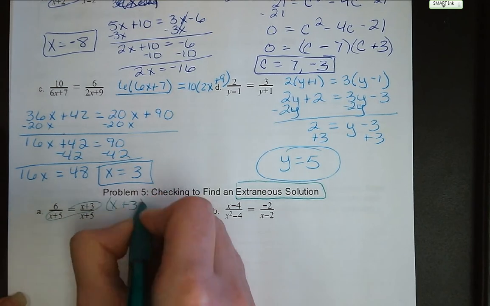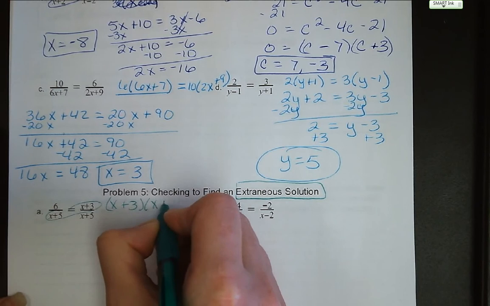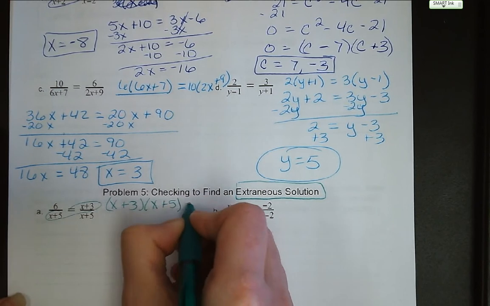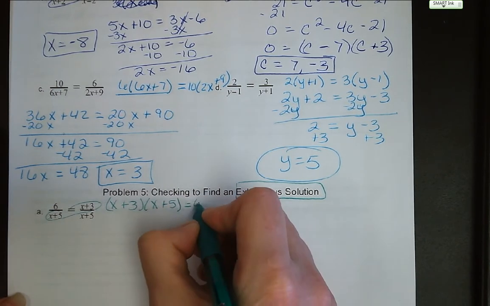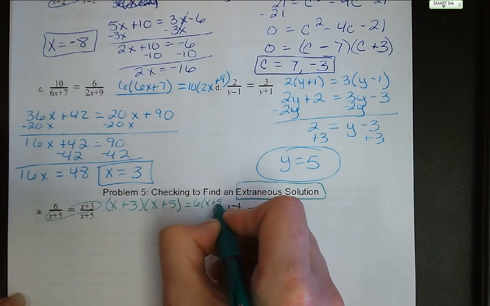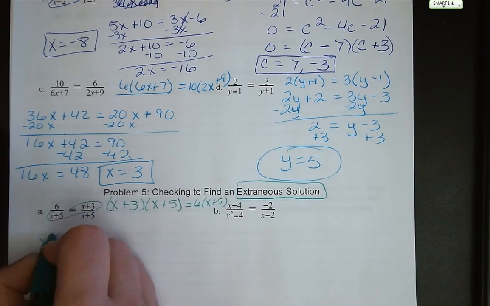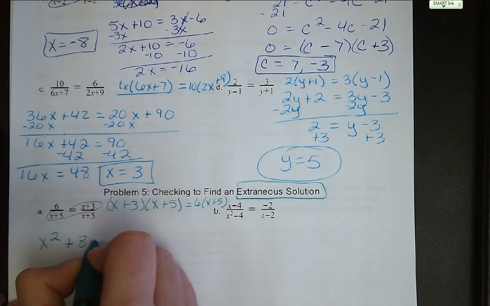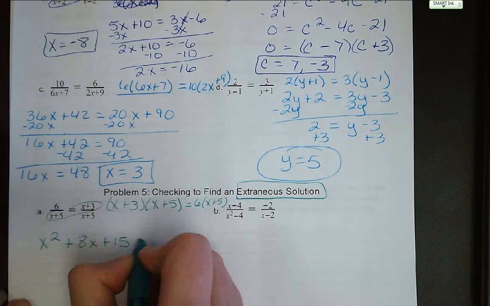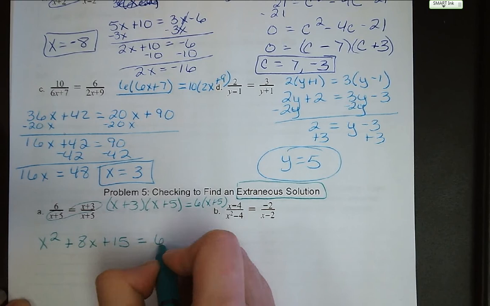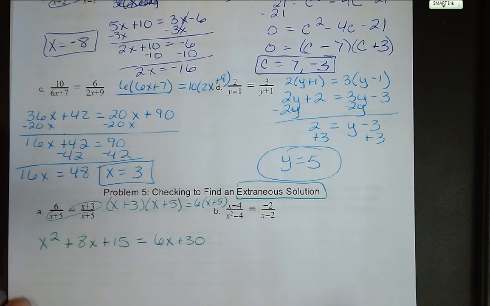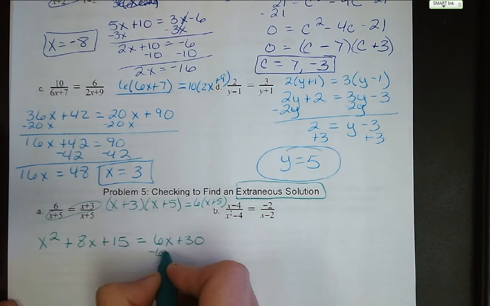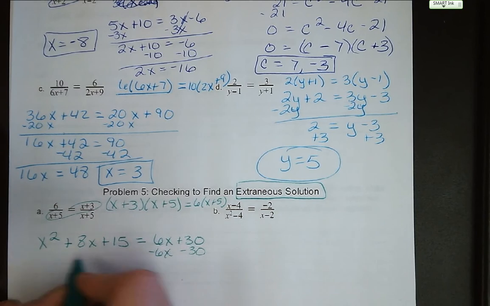All right. So x plus 3 times x plus 5 equals 6 times x plus 5. So we got x squared plus 8x plus 15 equals 6x plus 30. Subtract 6x and 30 from both sides.